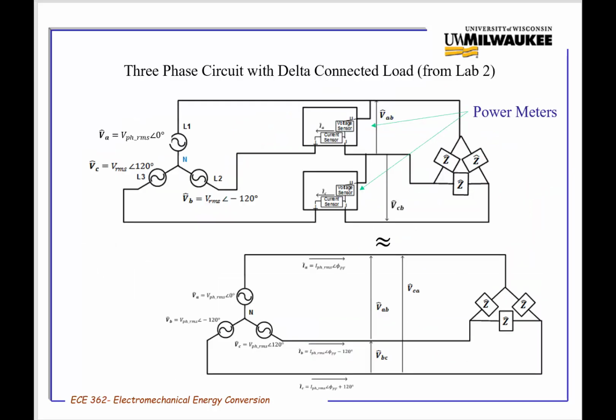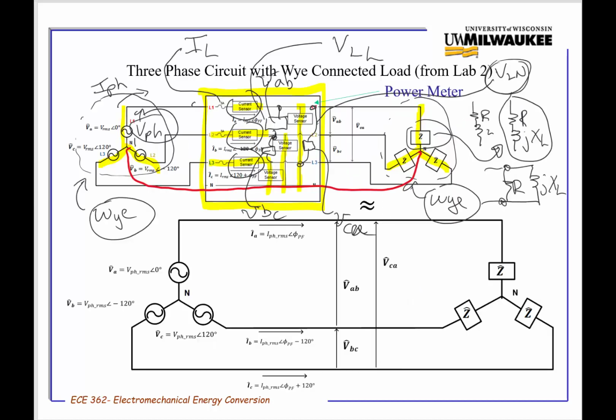Well, now let's return to the diagram of a setup in the lab. What I'm showing here, if you'll recall the first diagram that I showed you, this diagram here, had a Y connection of the load where the reference point for each load was connected to the neutral.